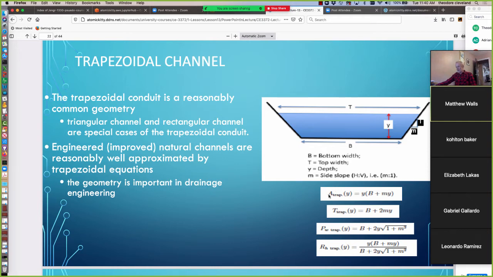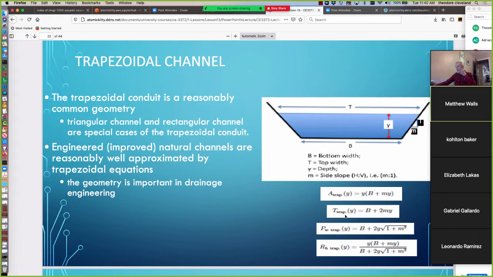The area of the trapezoid drawn up here is y times the quantity b plus my. In this particular set of equations, I've implicitly assumed that the side slope on each side is the same. They don't have to be. If that's not the case, you would have to analyze it as two different triangles plus the center part.